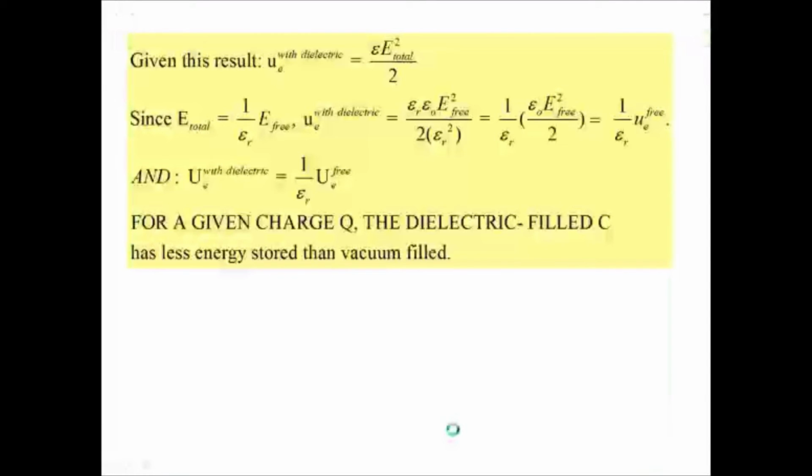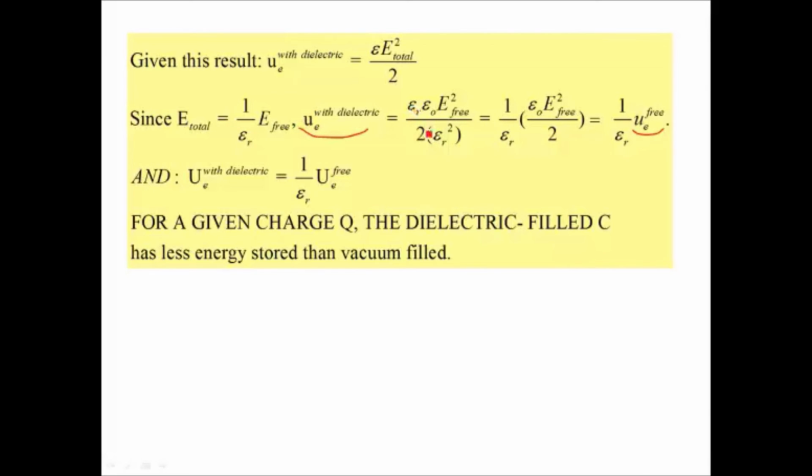So given this result, if we have E with the dielectric equaling this quantity here, and we know E total is 1 over epsilon R times E free, then we can compare this with the field as if there was no dielectric. Go back here, put in E free and epsilon R, and so you look at this energy density here, which we've derived already.